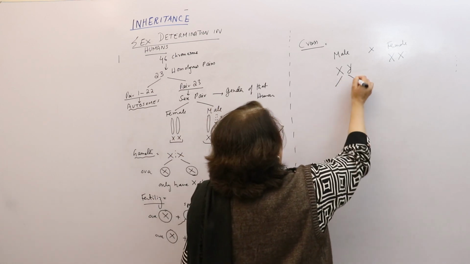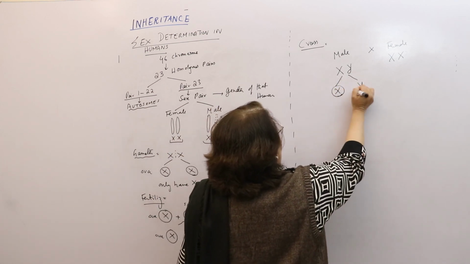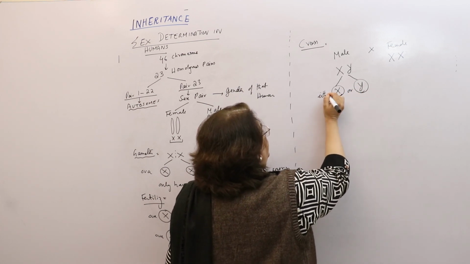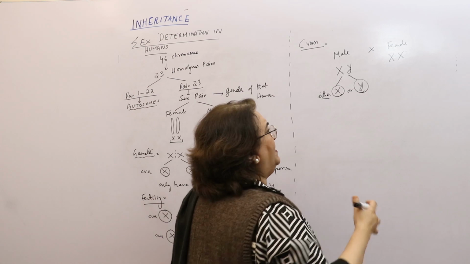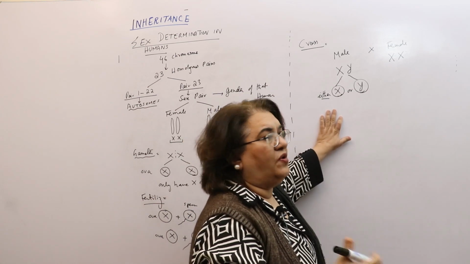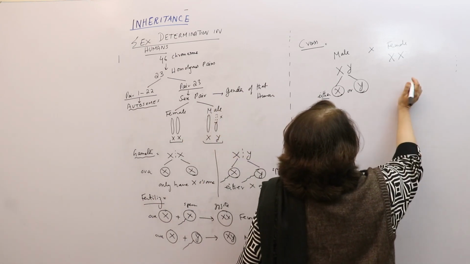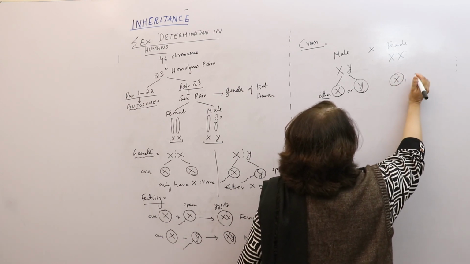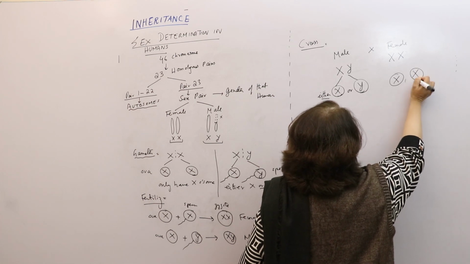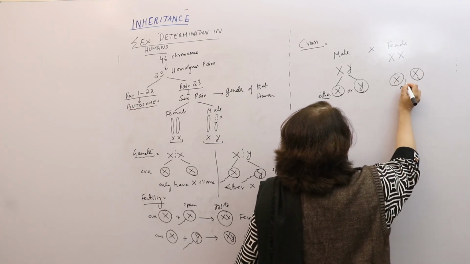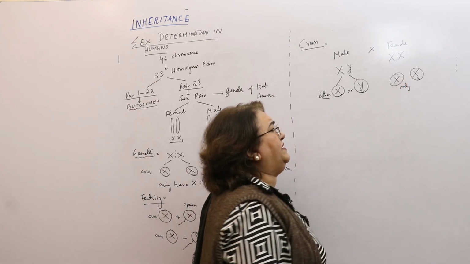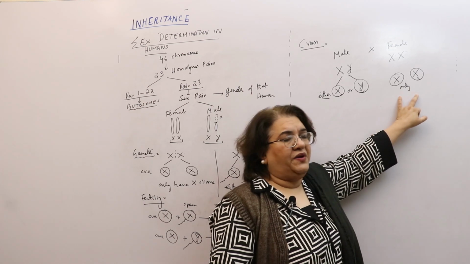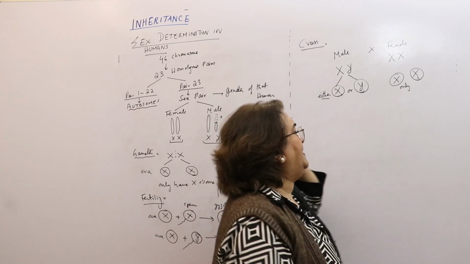So the gametes formed are X or Y in the father, and it's a very common term coming in your MCQs as well. In the female there is only one option, only X. In some books, when the gametes are the same, you don't have to write them twice, but it's okay if you write them twice.